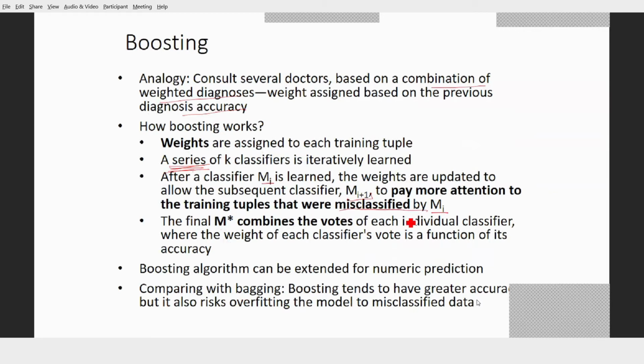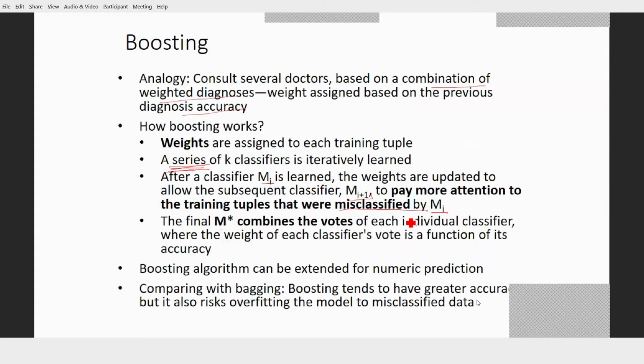Training error is also never zero, even if we have used 100 data items for training and I give the same 100 for classification without the answers. I'm not going to get all answers correct, even if the same data set has been used for training, right? That's what is known as the training error.